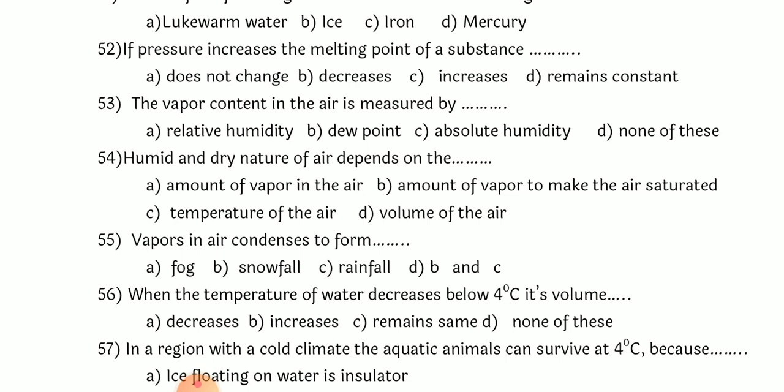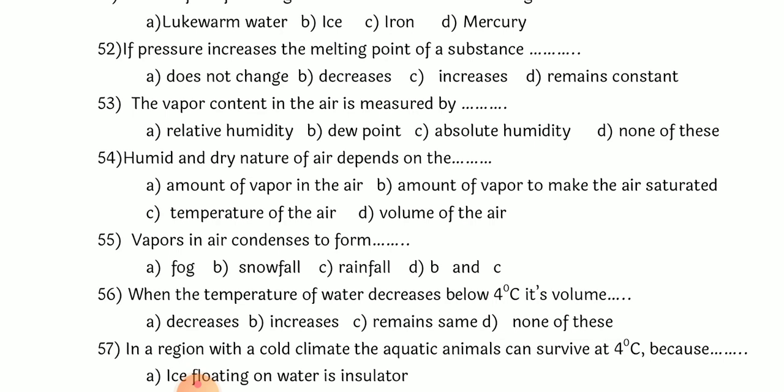Humid and dry nature of air depends on amount of vapor in the air, amount of vapor to make the air saturated, temperature of the air or volume of the air. That is 54, it depends upon the temperature of the air.